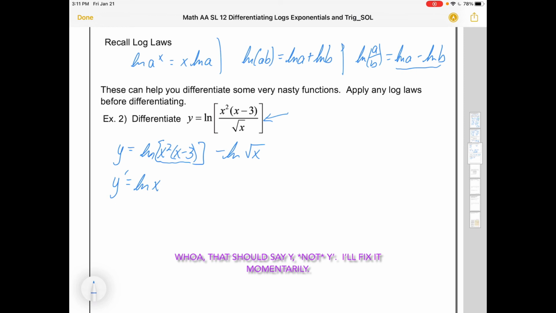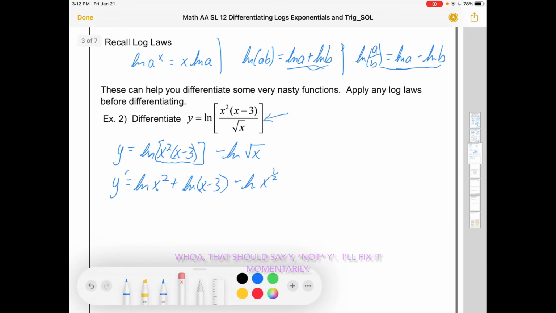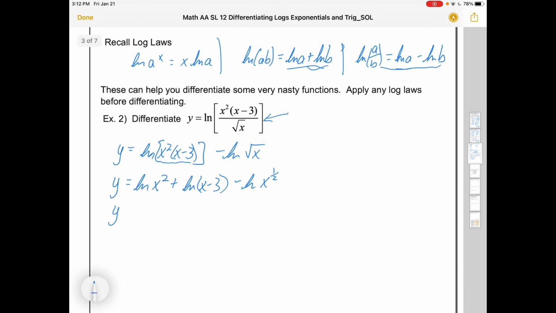So I can split it apart using addition. And I could also rewrite that square root as x to the half. So I've used the division log law, the addition one, or multiplication one. And now I can even do more stuff. And you know what I did wrong here is I put a y prime. I should not have said y prime. I haven't differentiated yet. Okay, this is all just y.